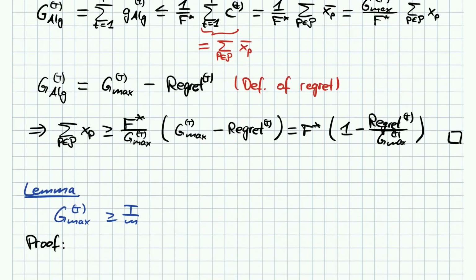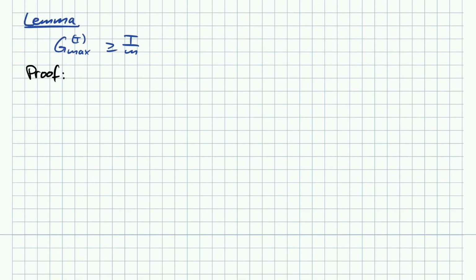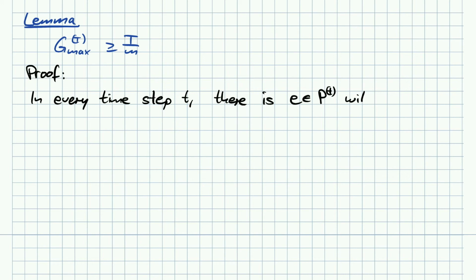And this now lets us do the following. In every time step t, there is an edge such that its capacity is exactly C_T.